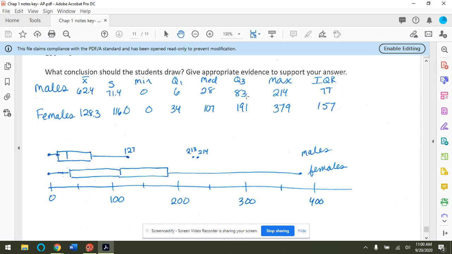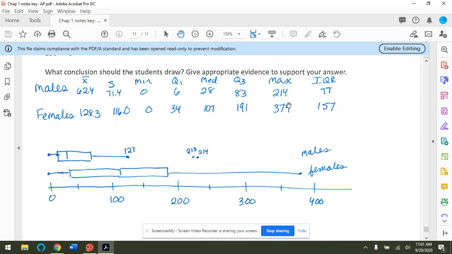Q3, over 100 points higher. Max, 150 something points higher, 160 something points higher. Okay, you need to state the difference between them. You can't just say it's higher. You have to state how much higher it is. Or say the male max was 214, whereas the female max was 379, which is much higher.